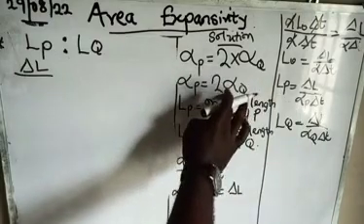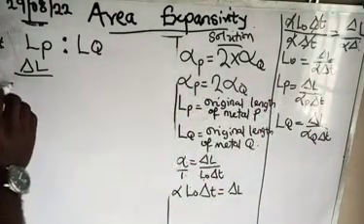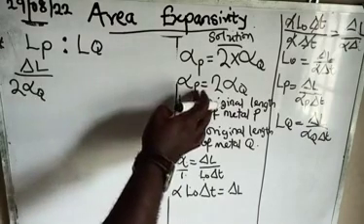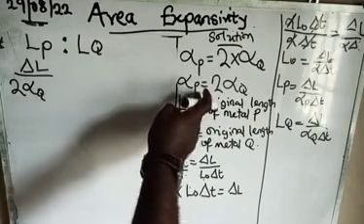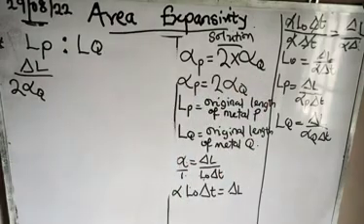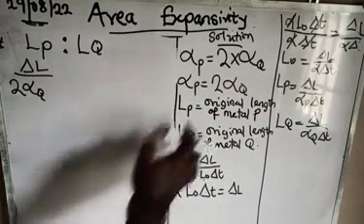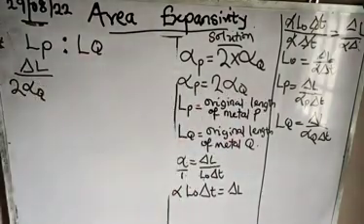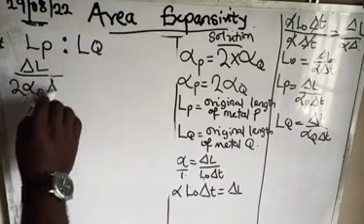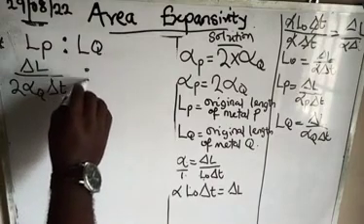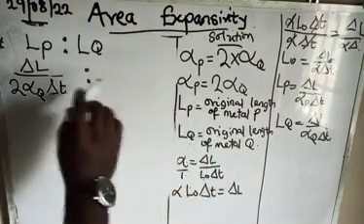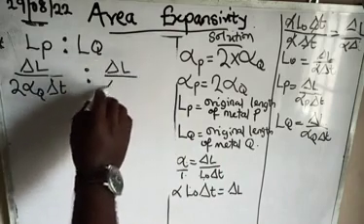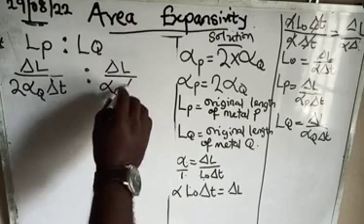We said that it is equal to 2 times alpha Q. Remember from here, they said that the linear expansivity of metal P is twice that of the linear expansivity of metal Q. So let me put in place of alpha P 2 times alpha Q, then change in T. Ratio. What was my LQ? That's change in L all over alpha Q change in T.